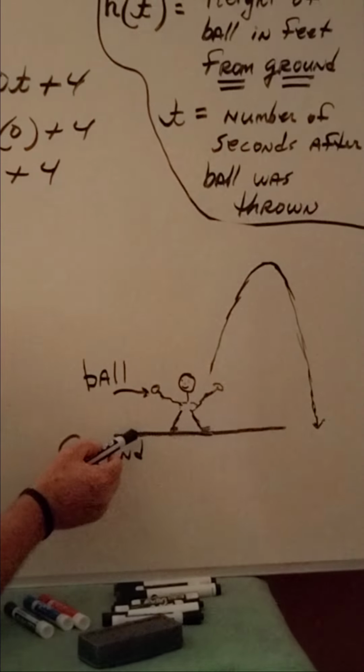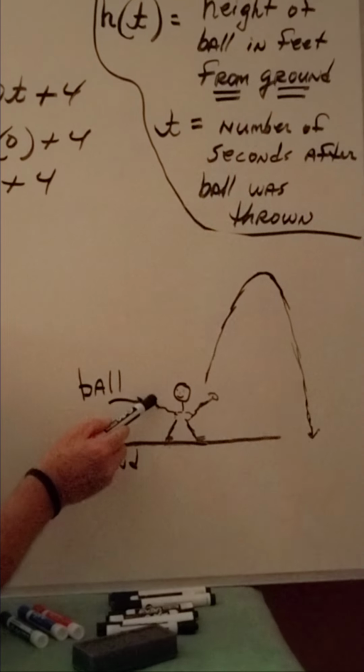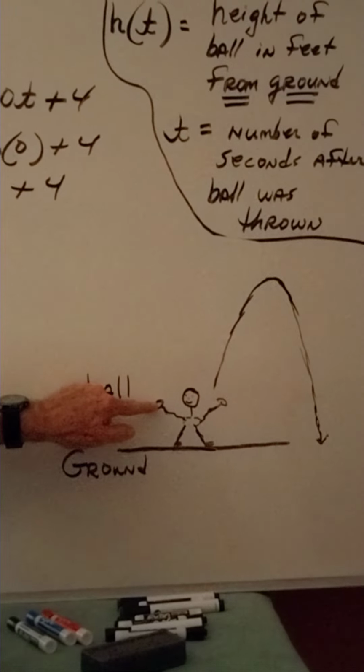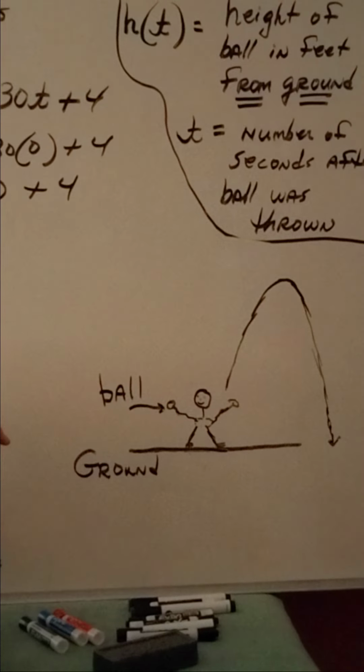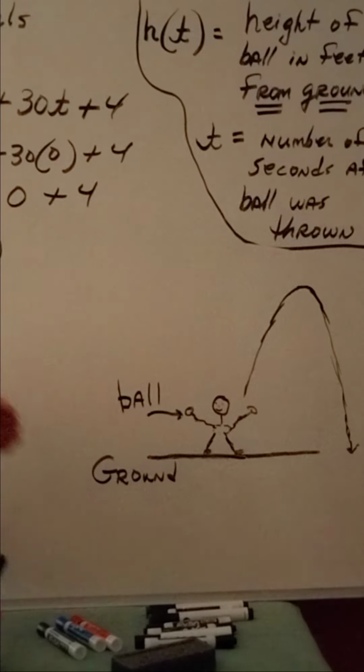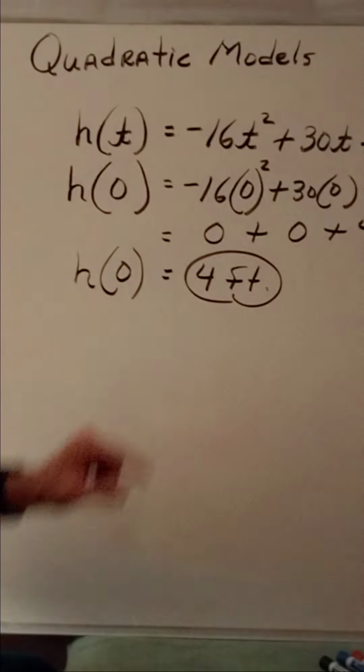This is ground. The ball is in his hand. The height of the ball from the ground at 0 seconds of time is 4 feet.